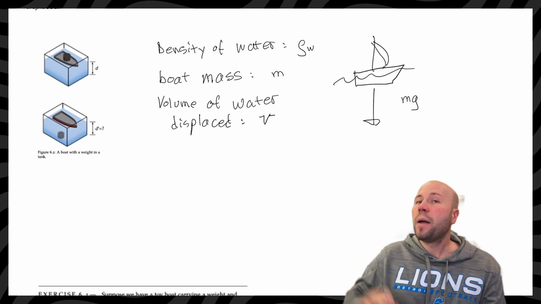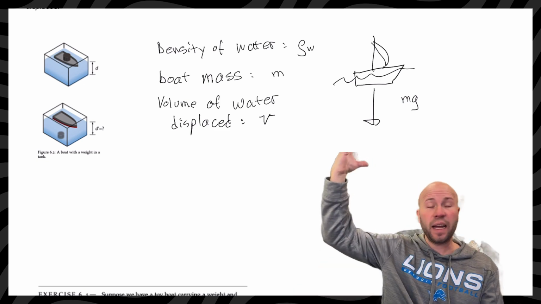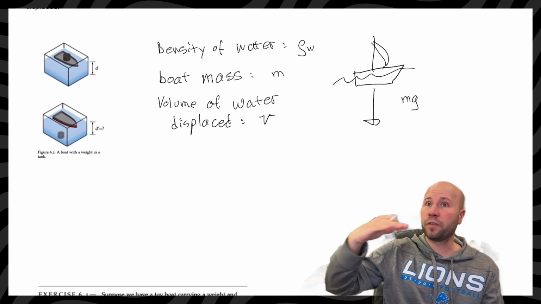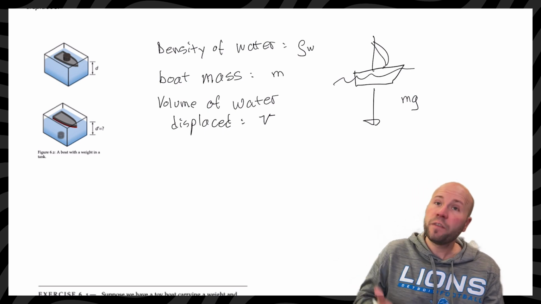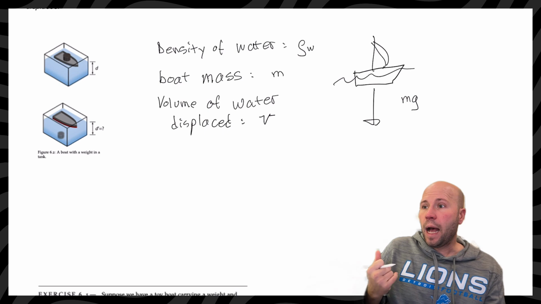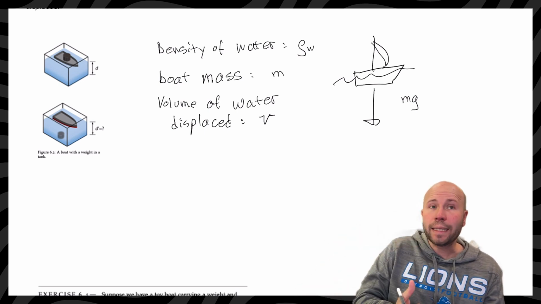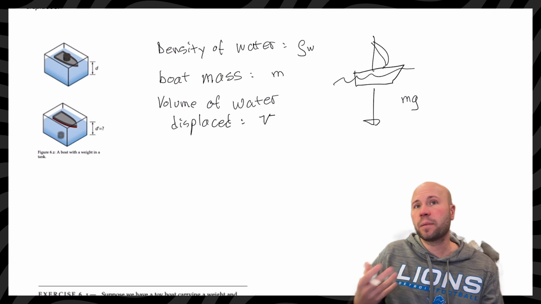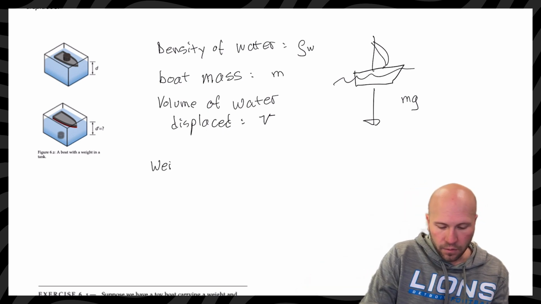Right? The force up, if the boat is static, if it's not sinking, if it's not flying out of the water, if it's just floating in a stable configuration, then the buoyant force pushing back up must equal this. Right? And that buoyant force is equal to the weight of the water that is being displaced by the boat.